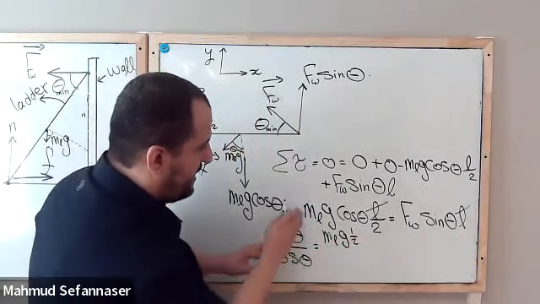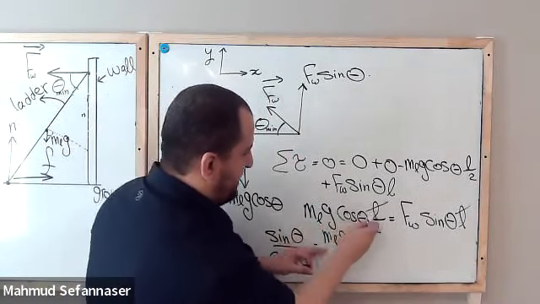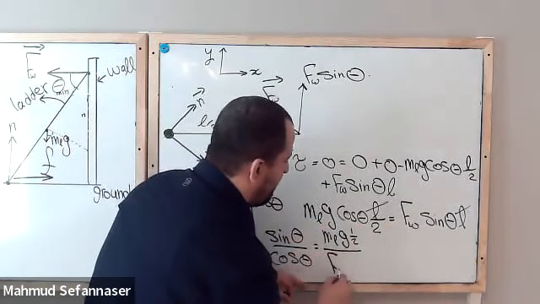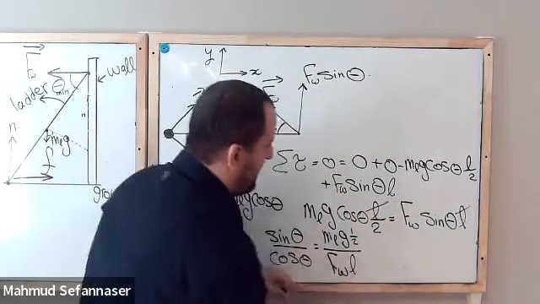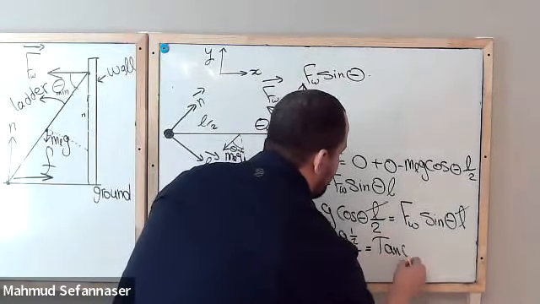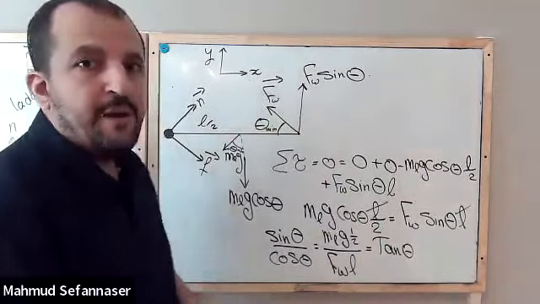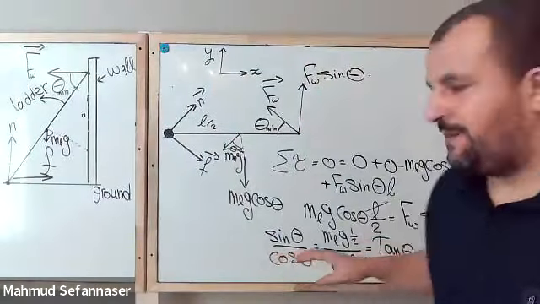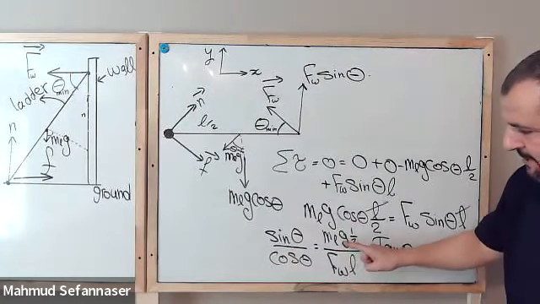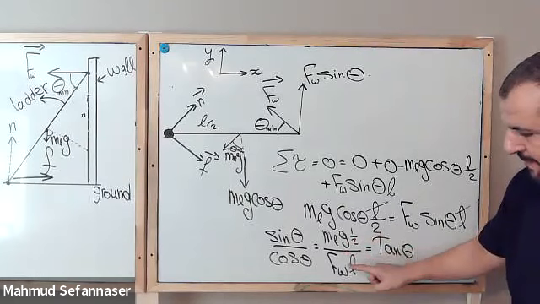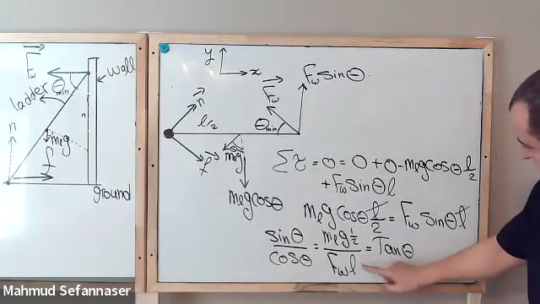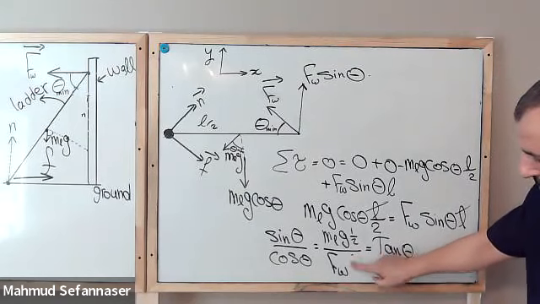That's correct. m ladder times g times 1/2, divided by Fw times L. And that will give you, guys, tan theta. So the same idea you can see here, that we have m ladder times gravity times 1/2 over force of the wall times the length L. L was canceled, so we don't need that anymore.